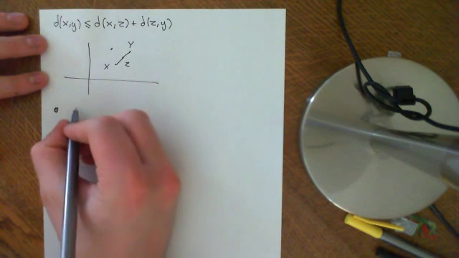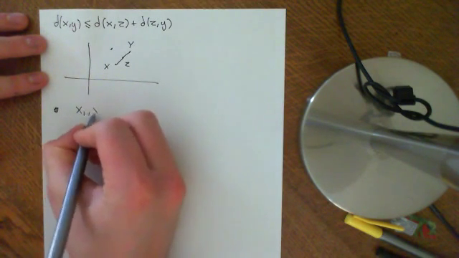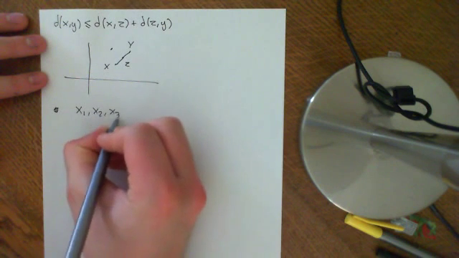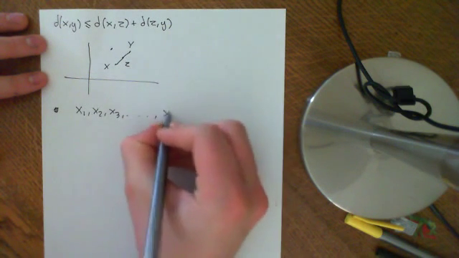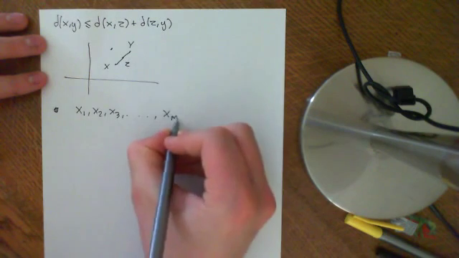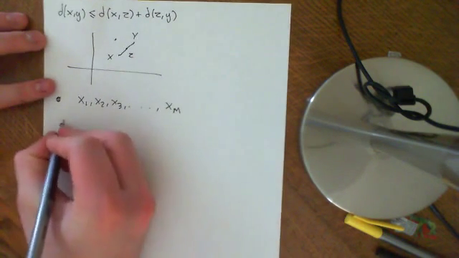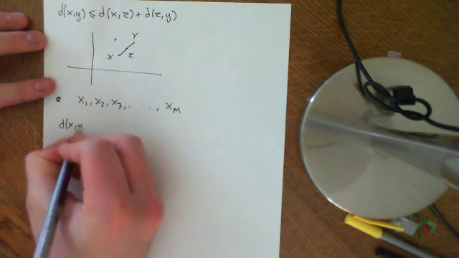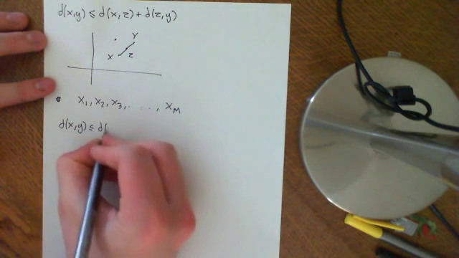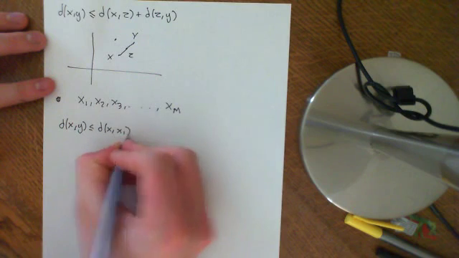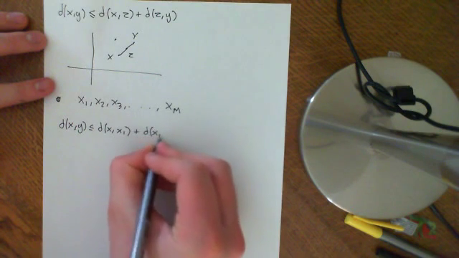Okay, so if we want to generalize the triangle inequality, we could take a finite number of points. So we could take x1, x2, x3, all the way up to some xm. Then we could say that the distance between x and y is less than or equal to the distance between x and x1 plus the distance between x1 and y.